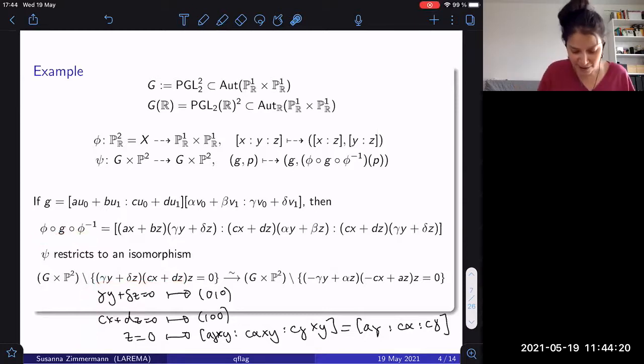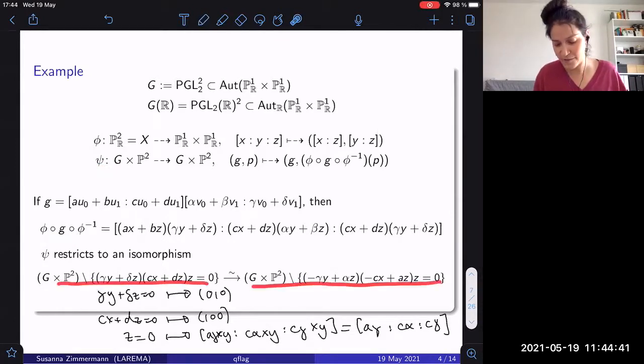So outside of the place where it stops being a diffeomorphism, the action is really a group action. So this map induces an isomorphism between these open sets of G cross P2.